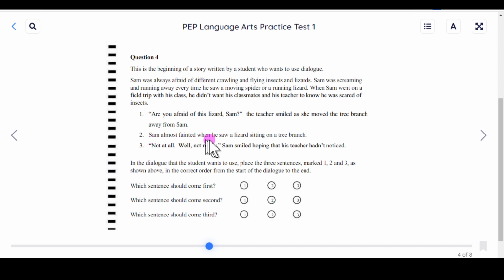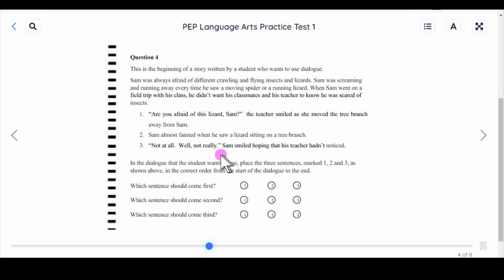Sam almost fainted when he saw a lizard sitting on a tree branch. Then the teacher asks the question, "Are you afraid of this lizard, Sam?" The teacher smiled as she moved the tree branch away from Sam. Okay. Then, "Not at all. Well, not really." Sam smiled, hoping that his teacher hadn't noticed.